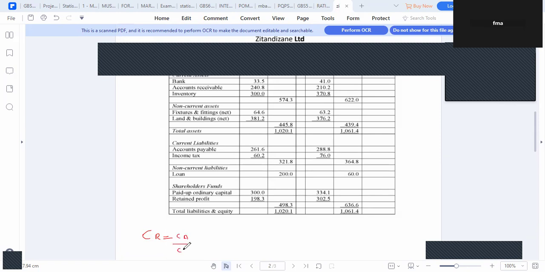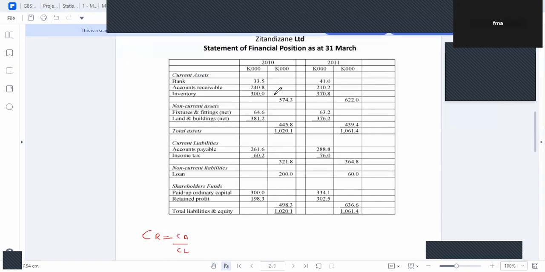You need to do this for each of these years. We're looking at the total current assets here, over the total current liabilities. Where are the current liabilities? Current liabilities are here, similarly over here.